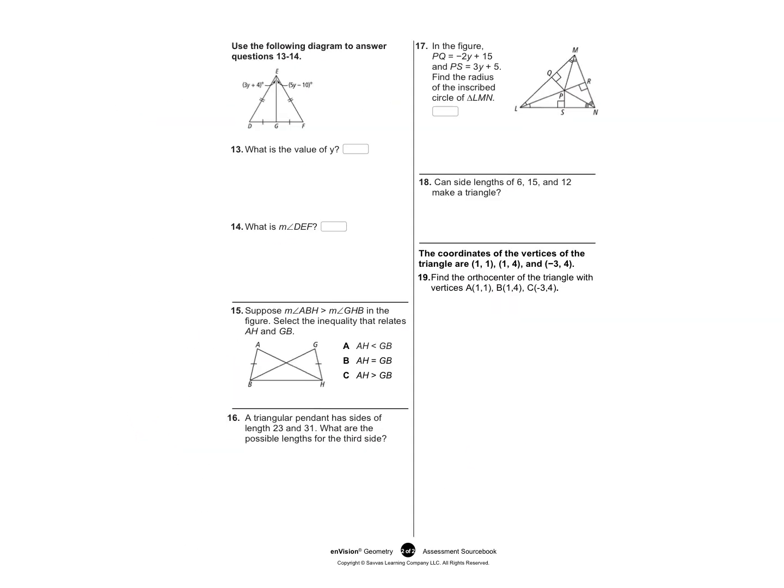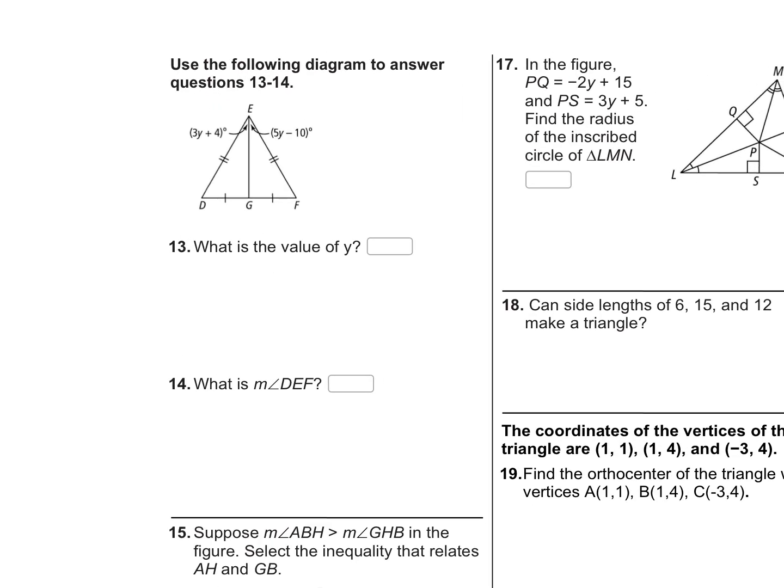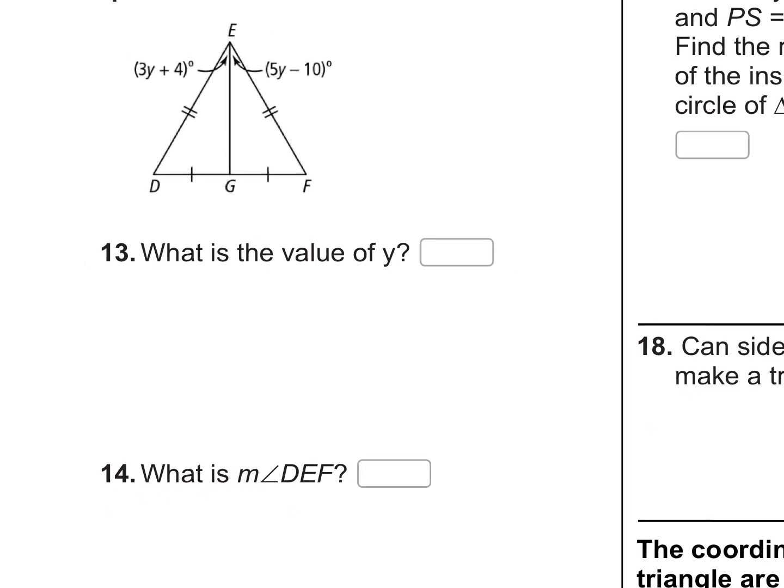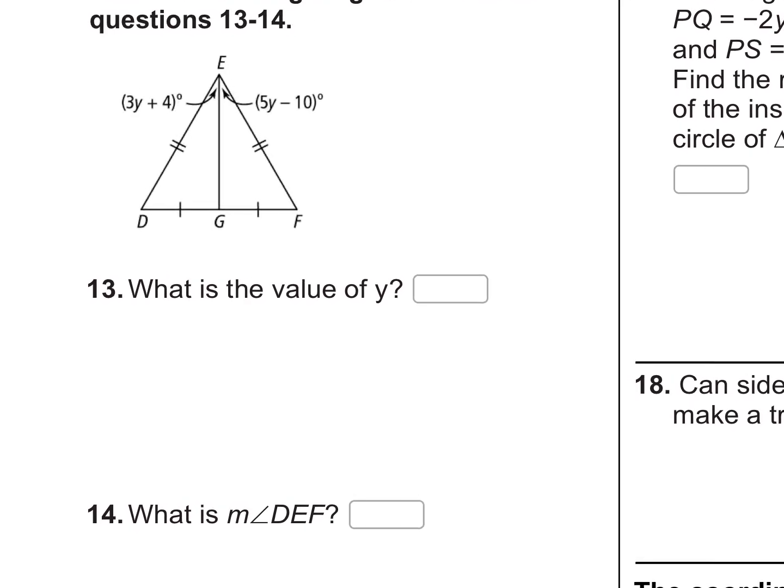On to the back side, number 13 and 14. Looking at the same diagram, it wants us to find y. What do we do? Why can we set them equal to each other? Why can we assume that? Okay, bottom two angles are equal, so what do you think this line is in the middle?